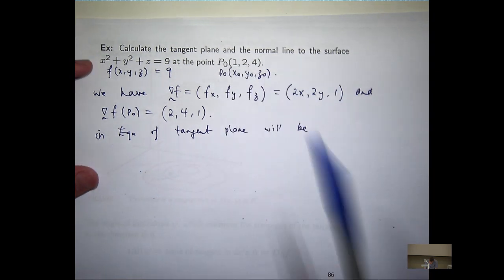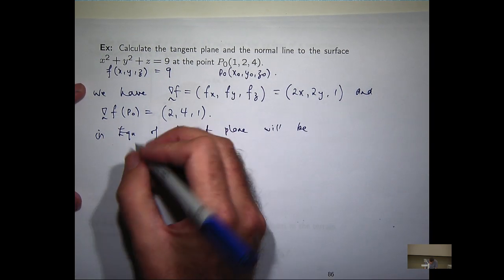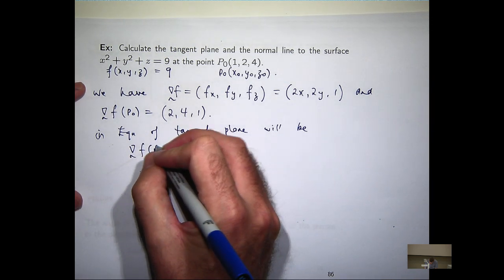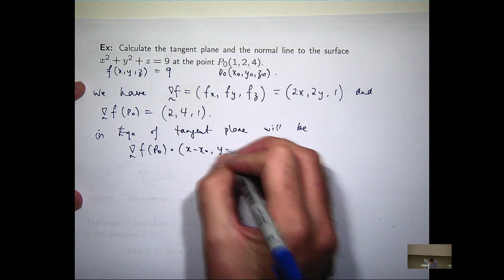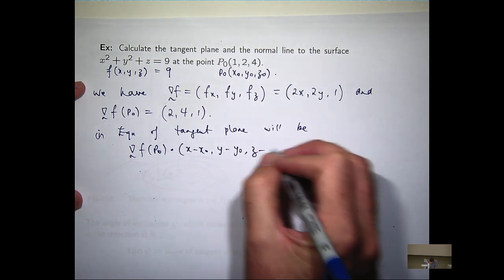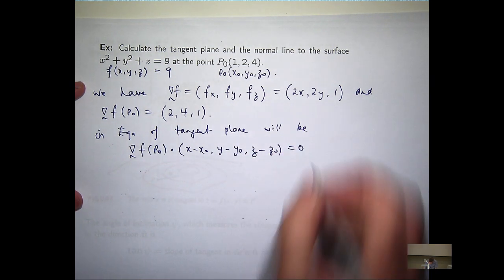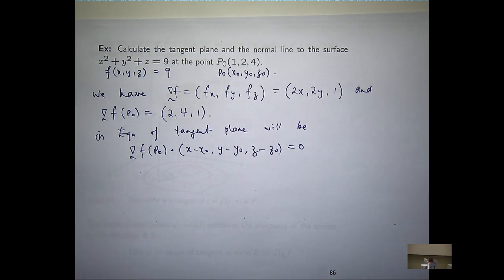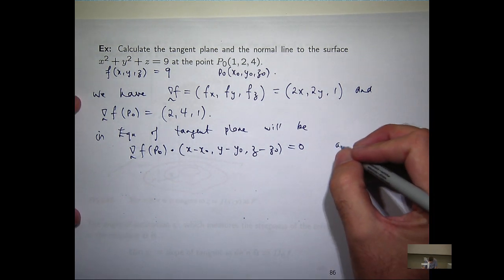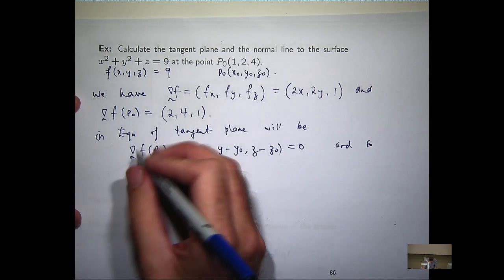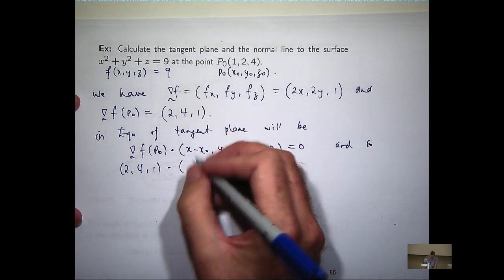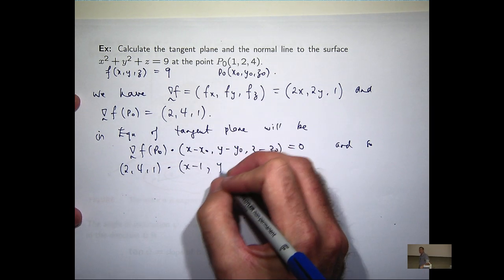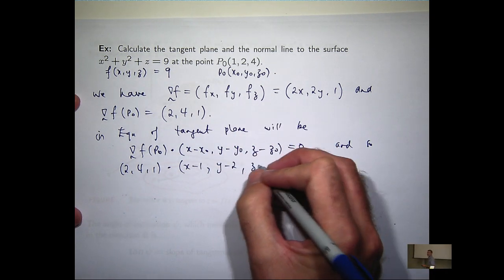So at P naught, the equation of the tangent plane will be the following. So all I have to do now is sub in and take the dot product. So it's going to be 2, 4, 1 dotted with x minus 1, y minus 2, z minus 4.